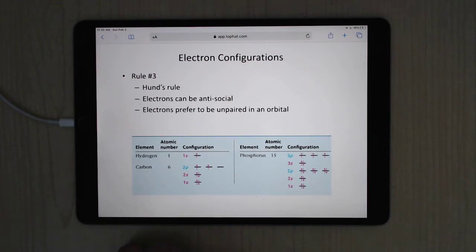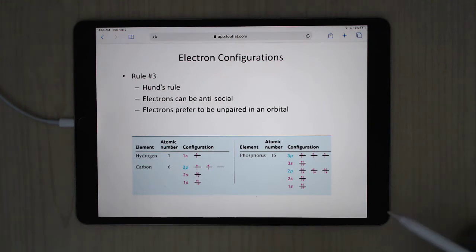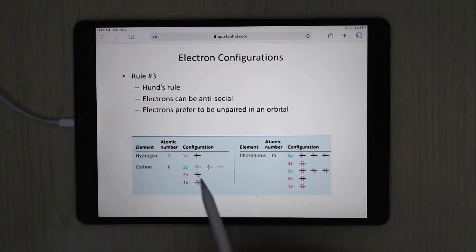Okay? Hund came in and said, okay, yeah, they don't mind being paired up, but they're fairly antisocial. If you've got the option of having them unpaired, that's better than having them paired up, until you get to the point of everything being filled. Okay, so for this one, if you look at carbon, you have two electrons in its p orbital.